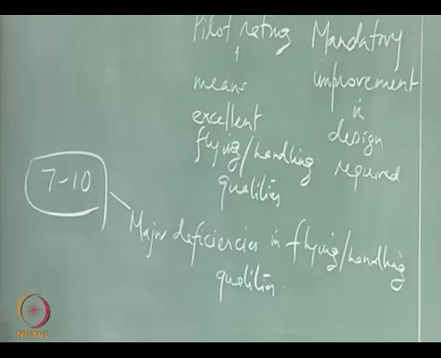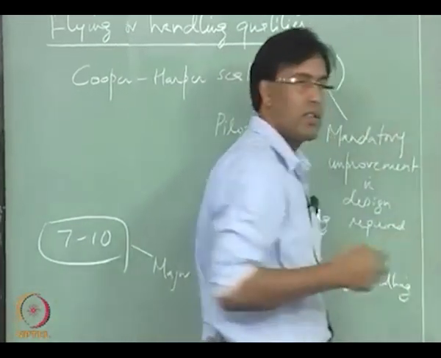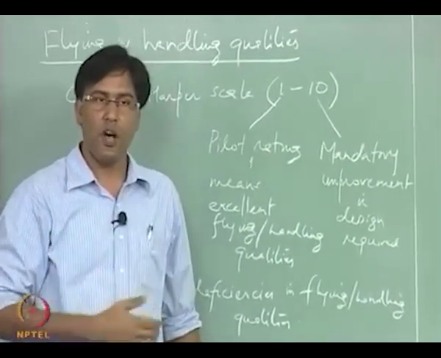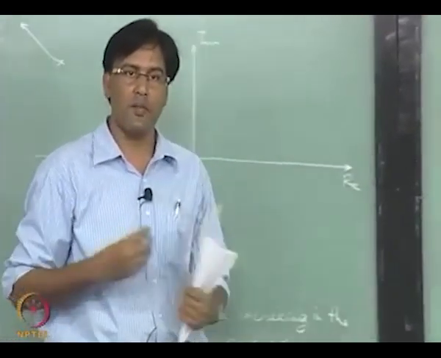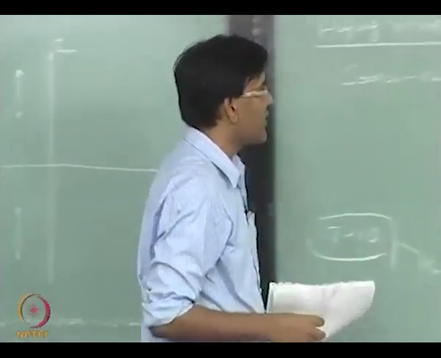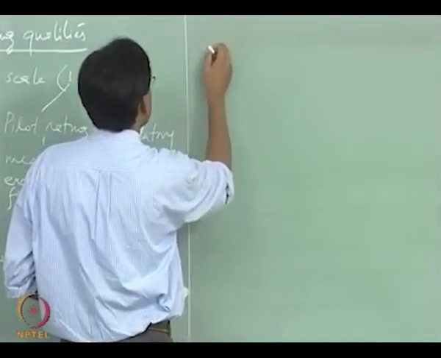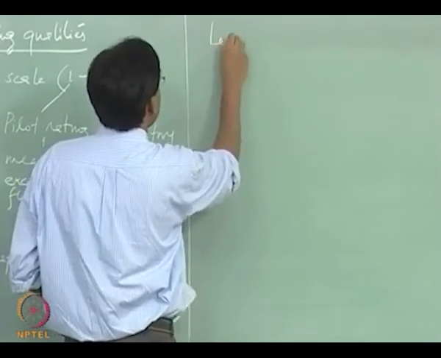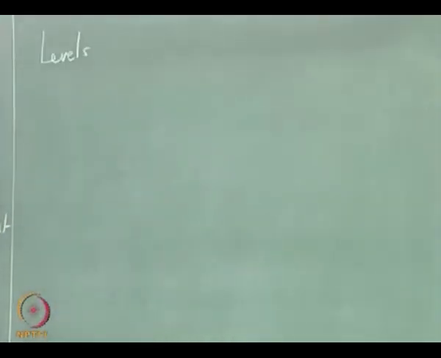So these criteria are depending upon the pilot's input, how much pilot workload goes up or how comfortable the pilot feels operating the airplane. So there are 3 levels which relate to pilot workload.